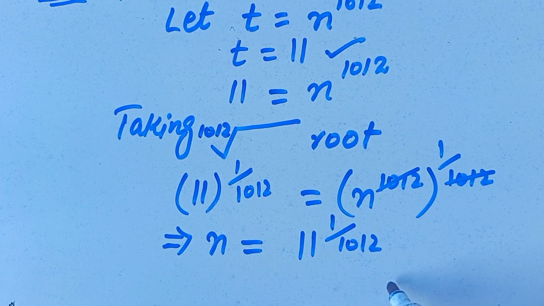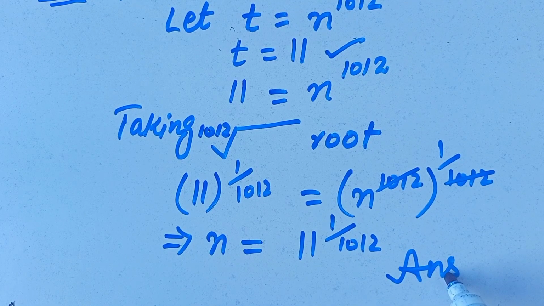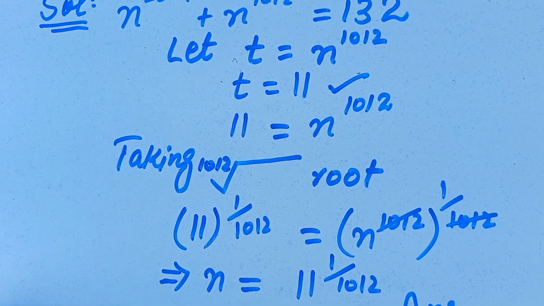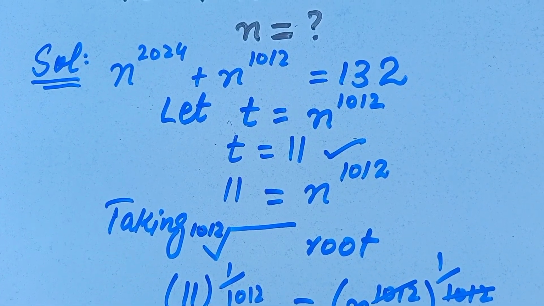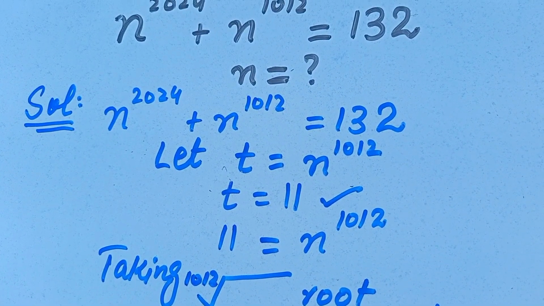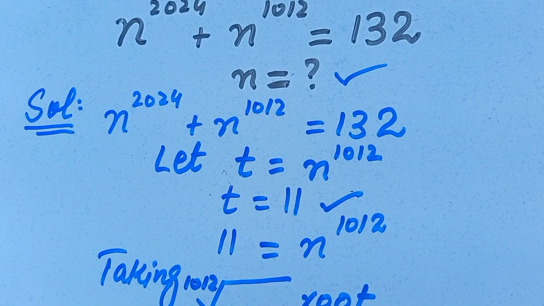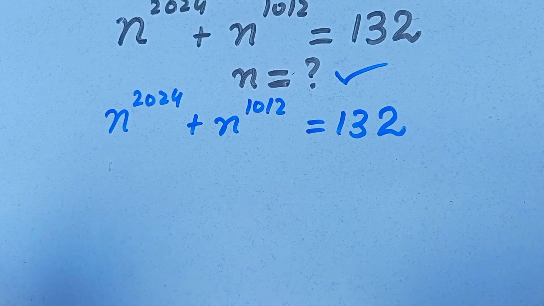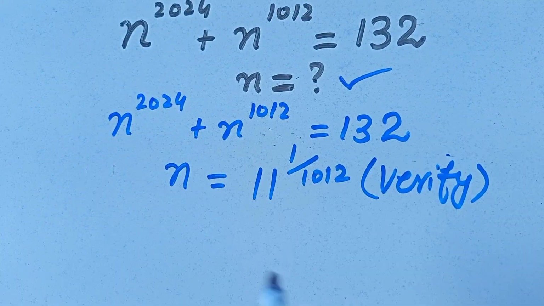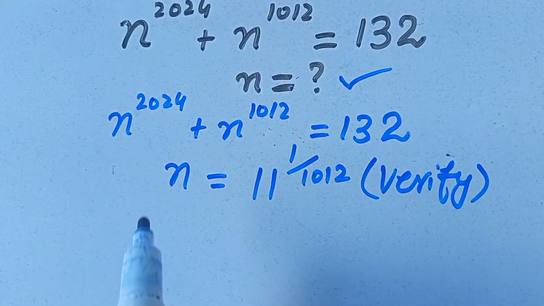So we got the value of n for the given question. We have simplified this and found n equals 11^(1/1012).